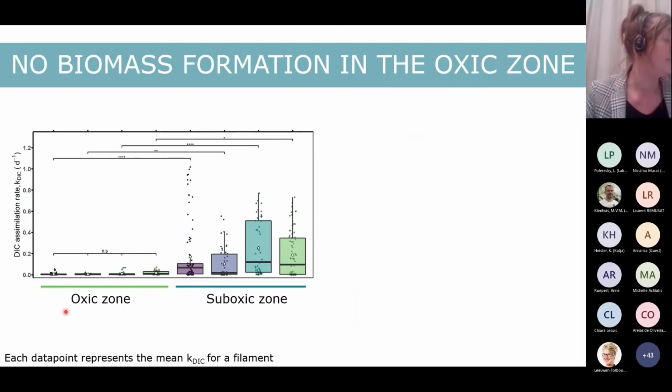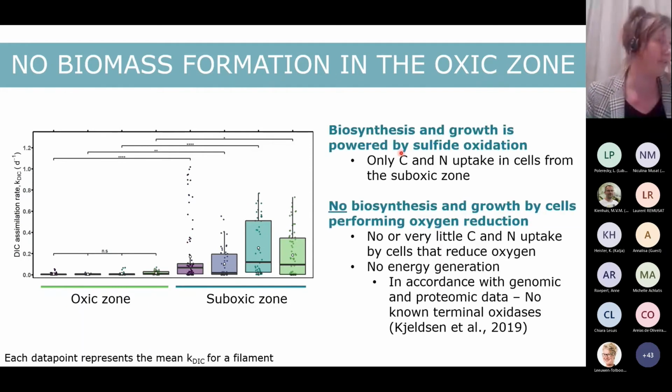Here you see the assimilation rates from different filaments in the oxic zone, and here from different filaments in the suboxic zone. And this made it very clear that biosynthesis and growth only happens in the suboxic zone, which is where we see carbon and ammonia uptake, and the carbon assimilation rate is highest in the suboxic zone.